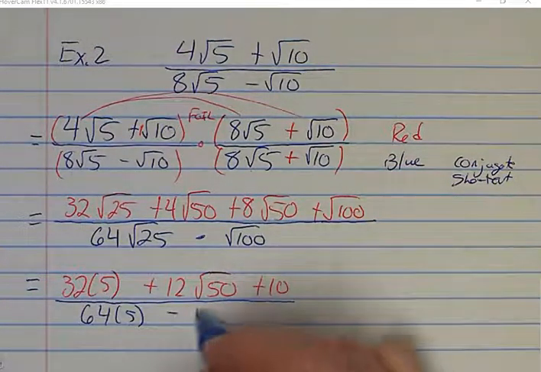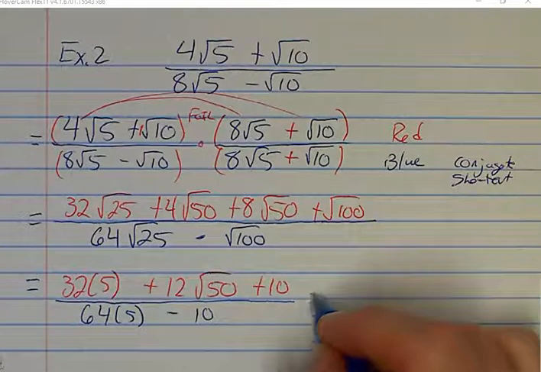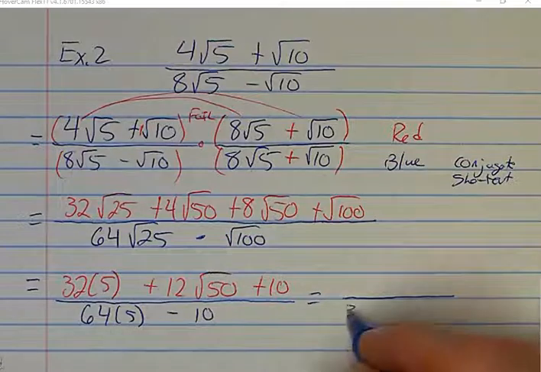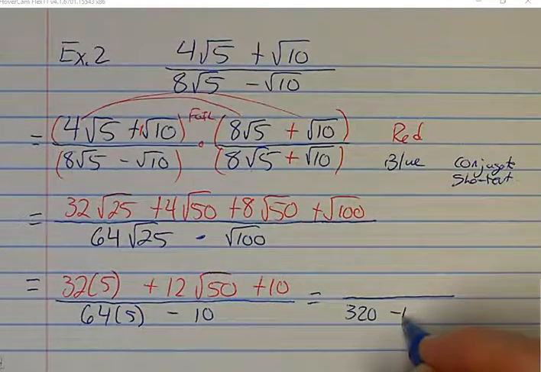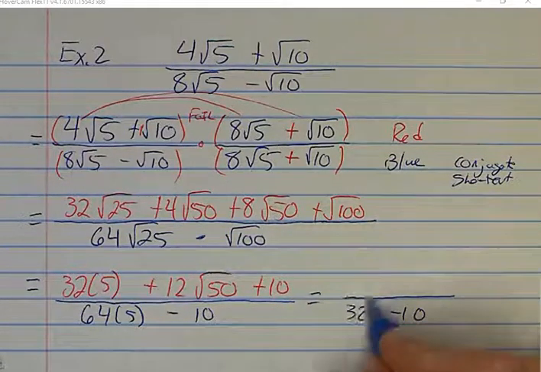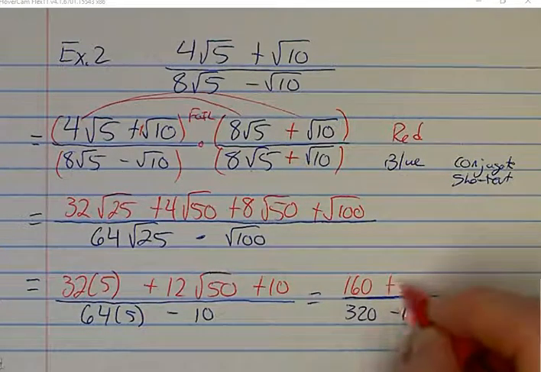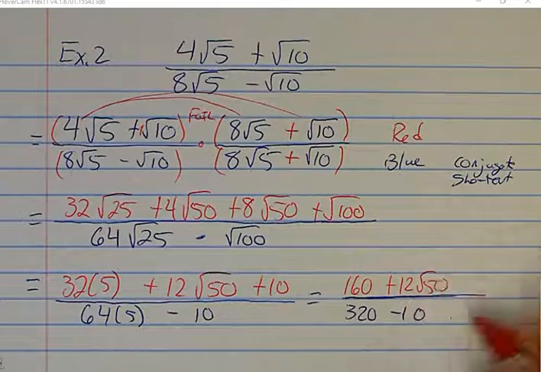Square root of 100 is 10. So for that, that's 320 minus 10. And on the top, 32 times 5 is 160. We've got 12 square root of 50, and then plus 10.